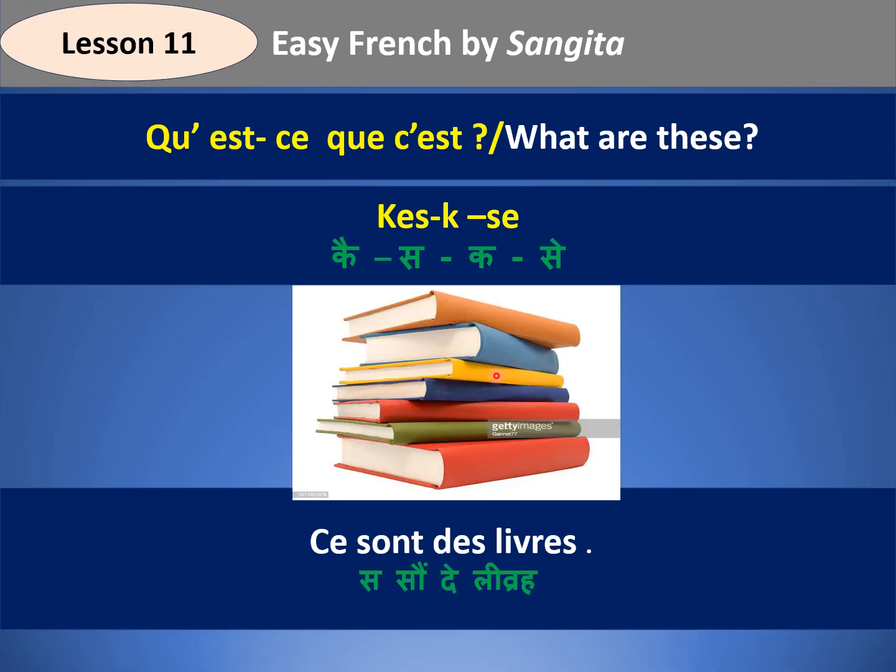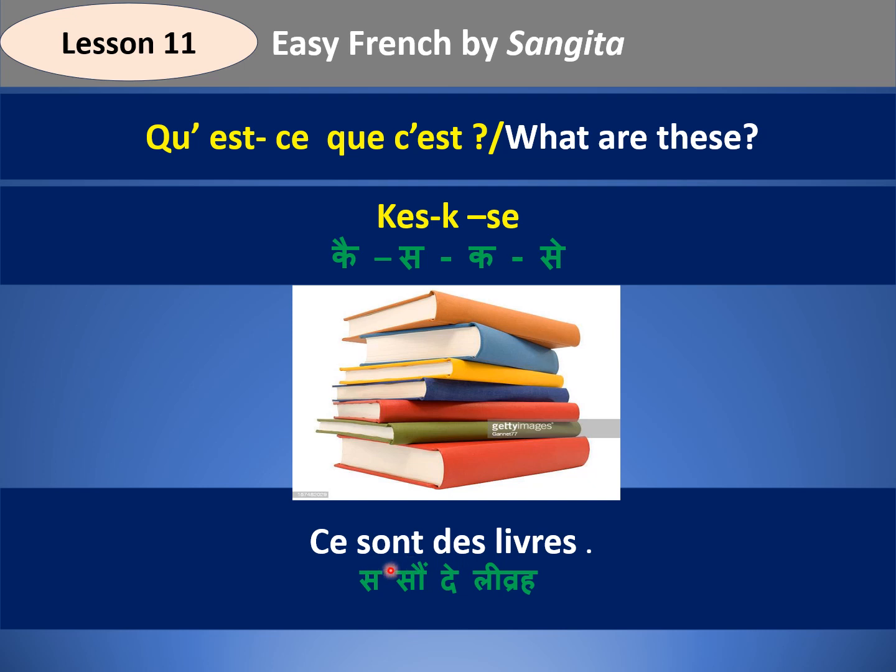Now we take an example with plural. Now my object is plural, many books. So we know books is livre. We say livre for book. Now, which article are you going to use? If you are going to use a definite article or indefinite article, both will be in plural. Okay, so des is a plural indefinite article, right?